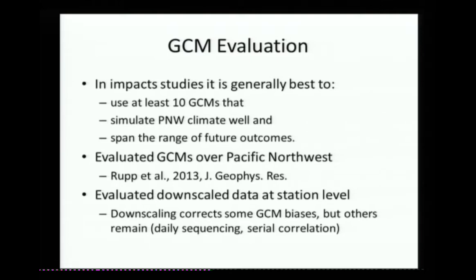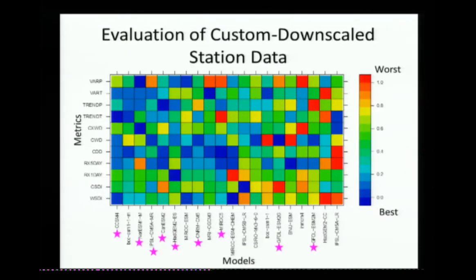And we also evaluated the downscaled data at the station level that they use to ensure that the biases that are supposed to be corrected with downscaling were indeed corrected, and also highlighting some models that match the daily sequencing better than others. So what we found essentially, on the left are different metrics that we looked at, such as the variability of temperature and precipitation trends.